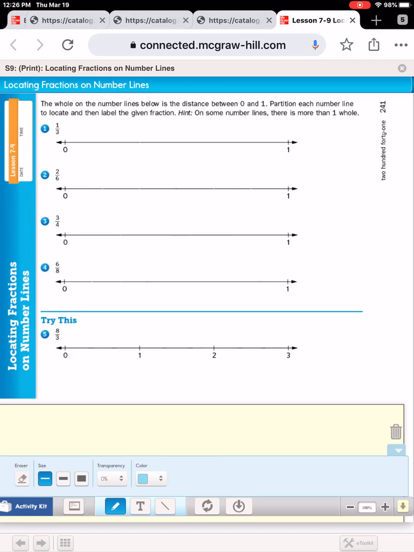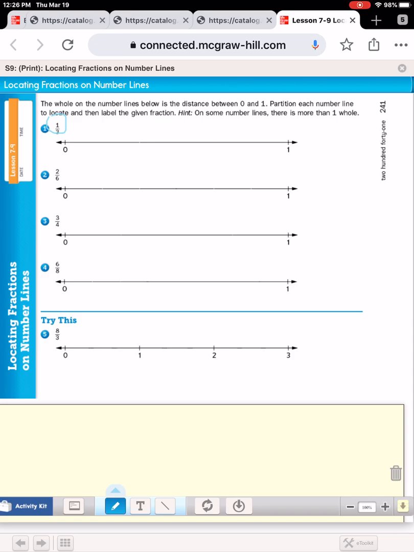Let me go ahead and get my pen. So we are not this time finding 1/2, which of course would be halfway between 0 and 1. We are imagining this space between 0 and 1 instead being broken into 3 equal parts.